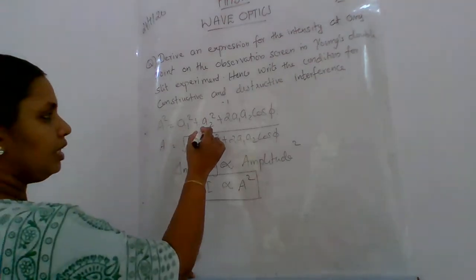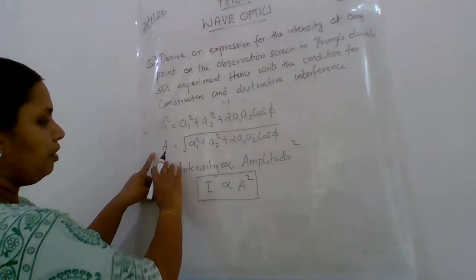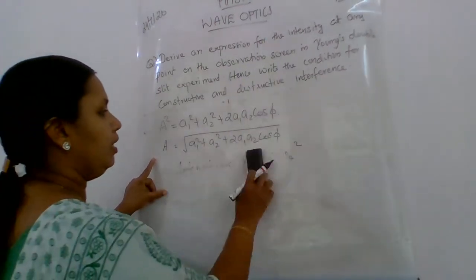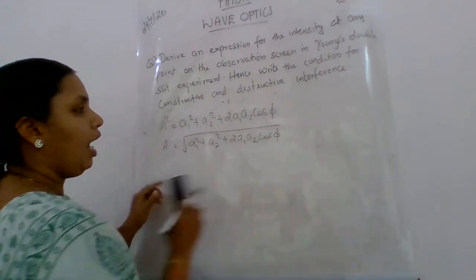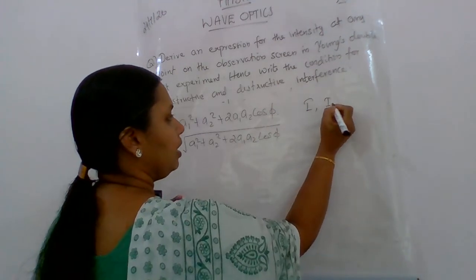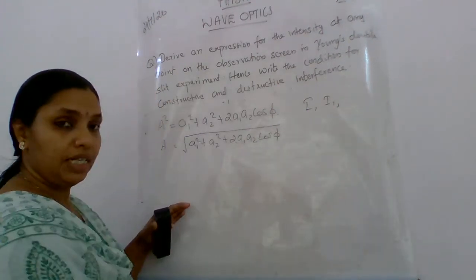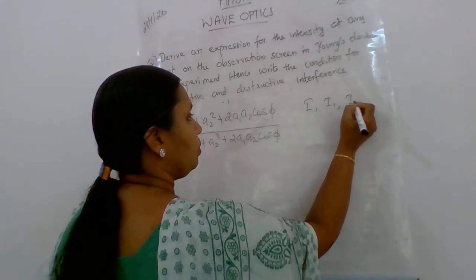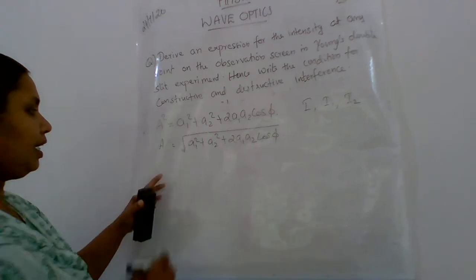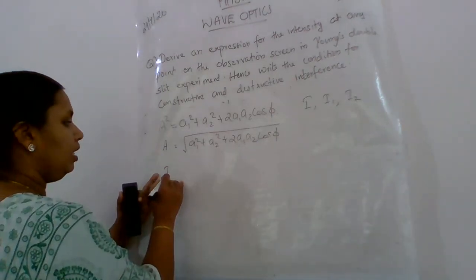So how can we write the intensity of the resultant wave using this relation? Yes, take I as the intensity of the resultant wave, I1 as the intensity of the wave from the slit S1 and I2 as the intensity of the wave from the slit S2. We can write I equal to.